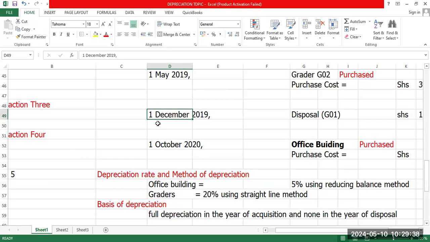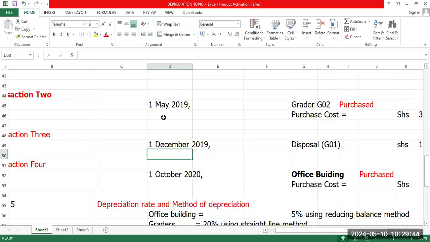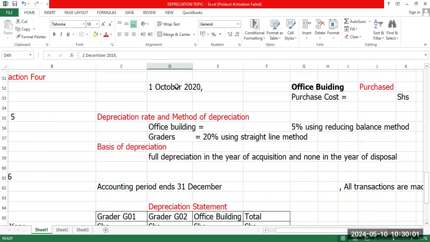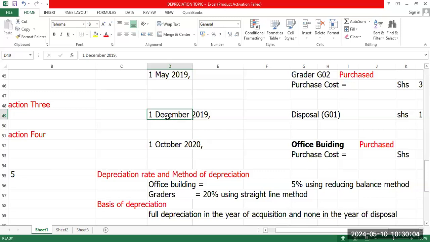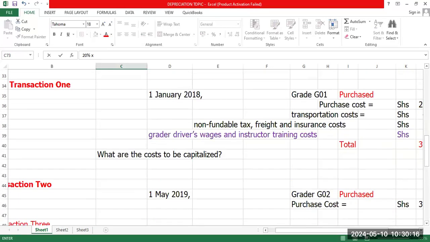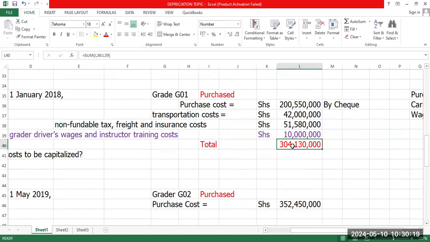That's 11 months out of 12. If the date is not in the middle, you can use the month, and it becomes easy. Because here the date is at the start, it means you used the asset in the whole of November. So we could just get 20% times the cost, but if we were using time apportionment, we get this cost.